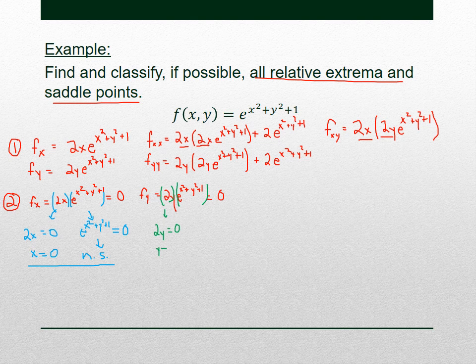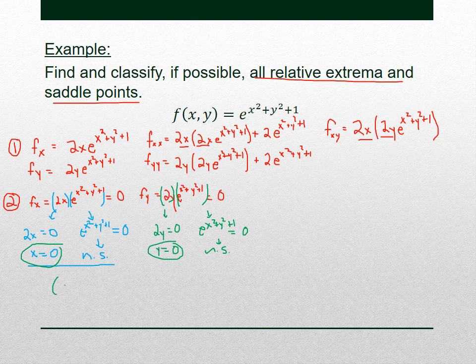Now let's look at this fy guy. We have a similar story. We have 2y times e to the stuff, x squared plus y squared plus 1, equals 0. So we're going to set both of them equal to 0 separately, just like we did for fx. So if 2y is 0, that means y is 0. And this guy gives us e to the x squared plus y squared plus 1 equals 0.